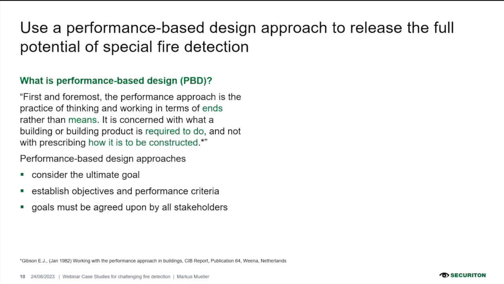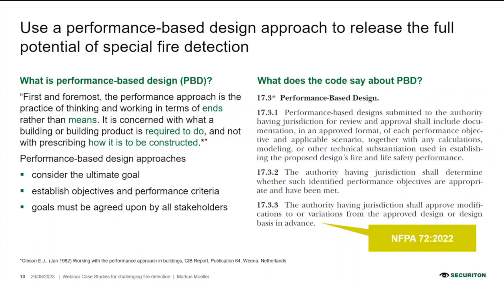But what does the code say about special fire detection? Not much, you might say. Here is, for example, a citation of the complete coverage of performance-based design in the NFPA 72.